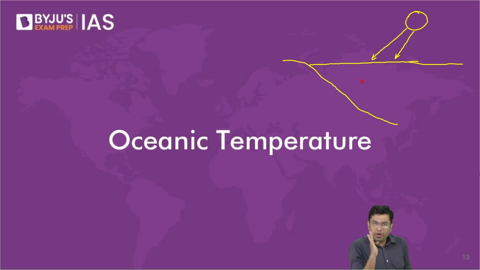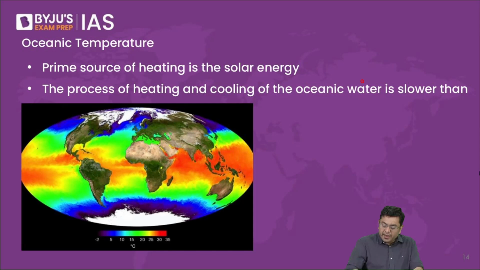right? In the case of the oceanic water, let's suppose you consider an ocean. That sunlight is going to be your prime source of heat here. Now, sunlight will be available only up till a certain depth. Beyond a particular depth, sunlight won't be available at all. Right? So, the depth up till which sunlight is available is what is referred to as the photic zone.